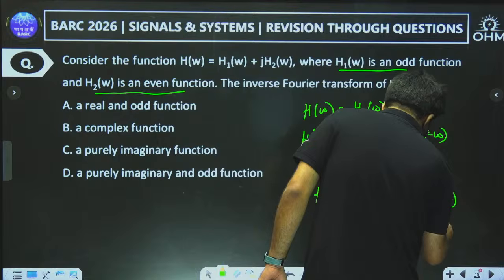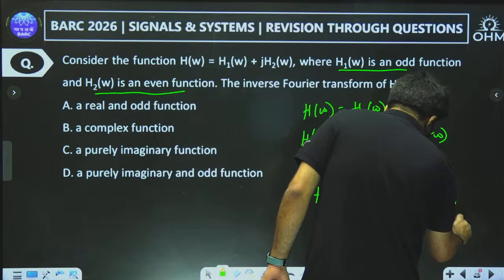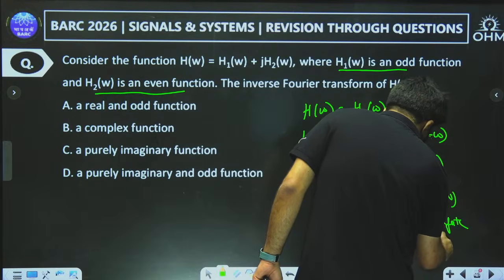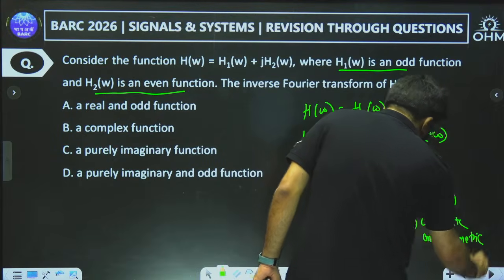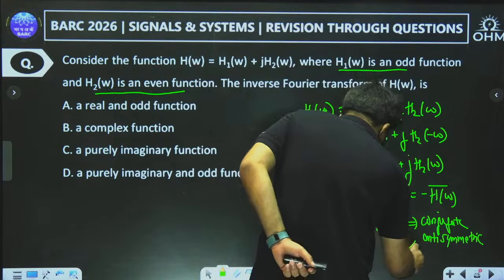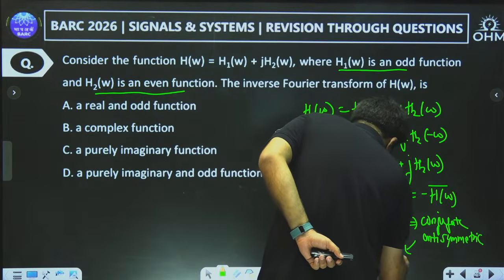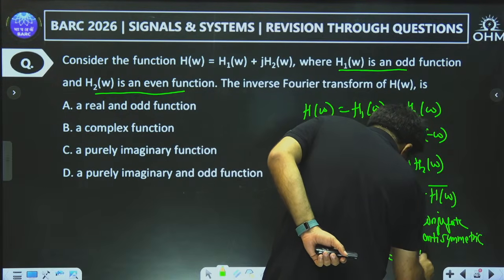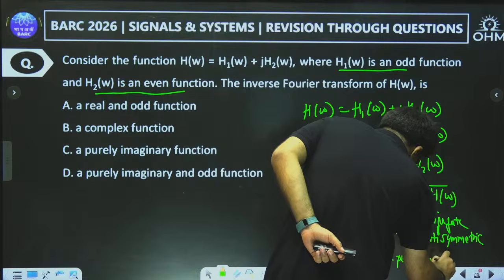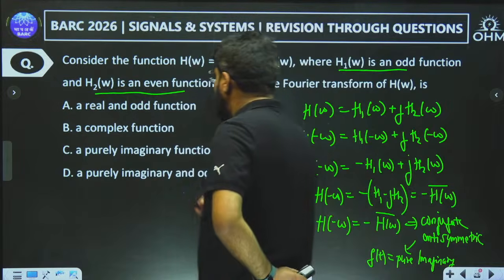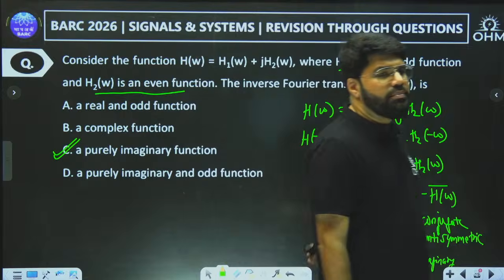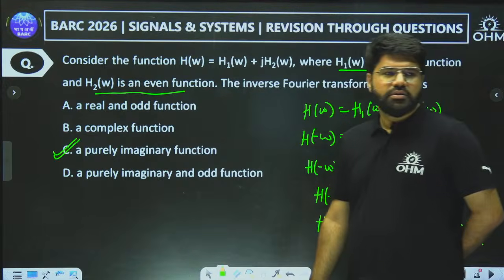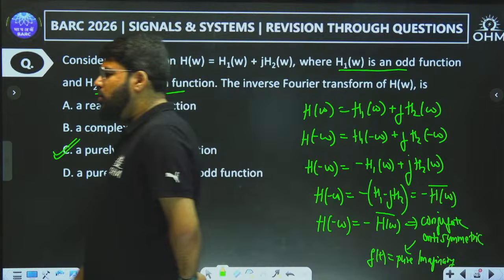That means it is antisymmetric. The signal is pure imaginary. Option number C, when the signal is pure imaginary. Option number C it is.